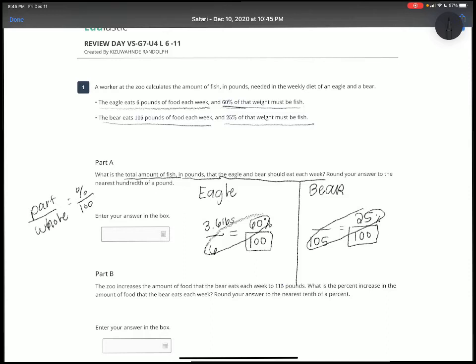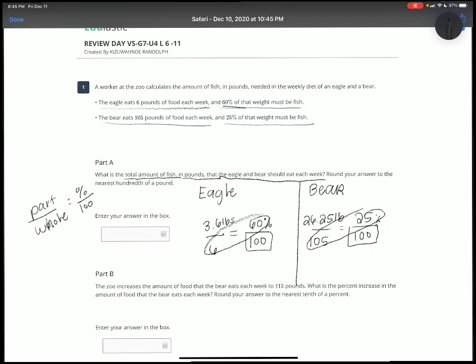And let me double check my answer. And guys, I am using a calculator at home. So it's going to be 26 pounds and 25 hundredths.